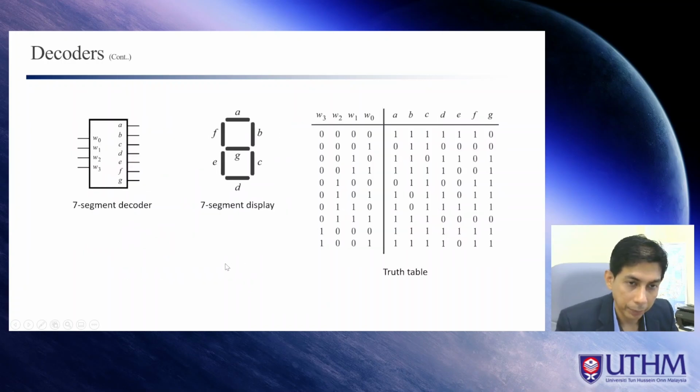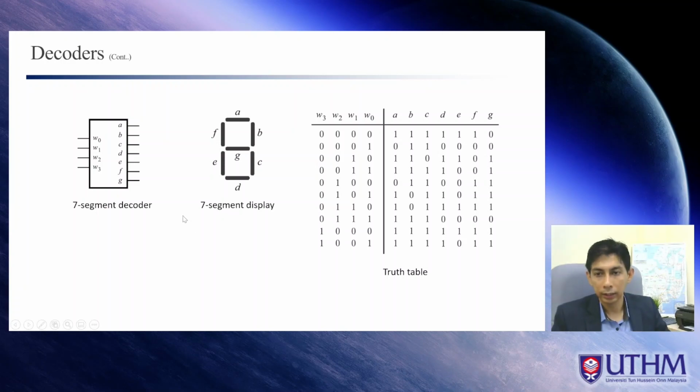This is another example of the application of the decoder, yeah, the 7-segment display. So this is an old technology actually. It is not used in most of the electronics that we have today, but it is still used in, for example, traffic lights, right? We still have the 7-segment.